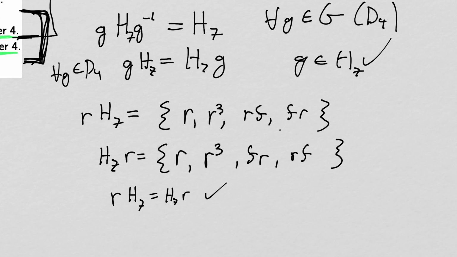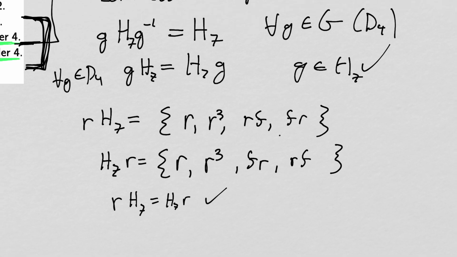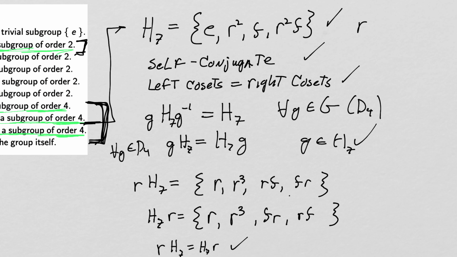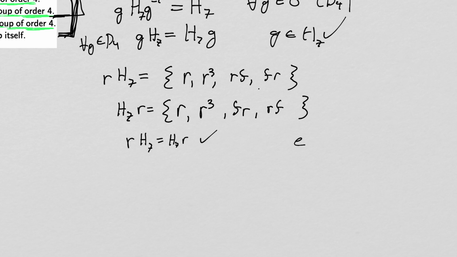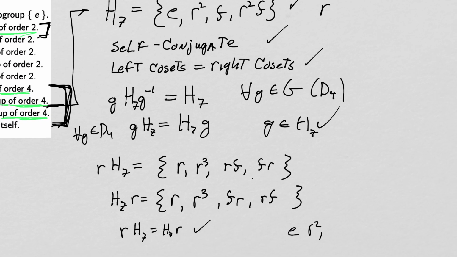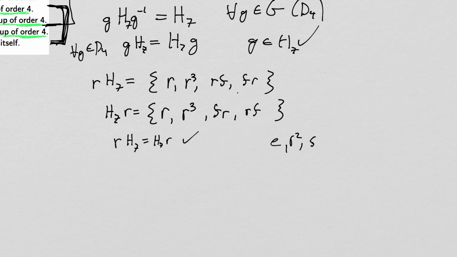So we've definitely shown that it's true for the elements of H7 itself, so E, R squared, F, R squared F, and so on. And we've also shown that it's now true for R. So in order to be normal, it has to also be true for RF, for FR, and for R cubed, right? So I have to go through this exercise for all of those sets.